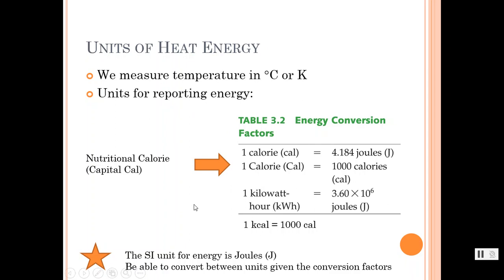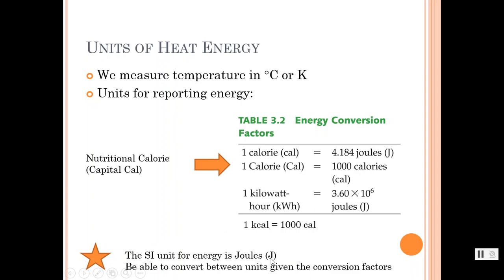You've probably heard, I'm sure you've heard of calories. This capital calorie is what is thought of as the nutritional calorie, or the kcal. But the standard international unit, the unit that we chemists, or that you're going to use in this course for chemistry when doing calculations with regard to heat energy, is the joule.